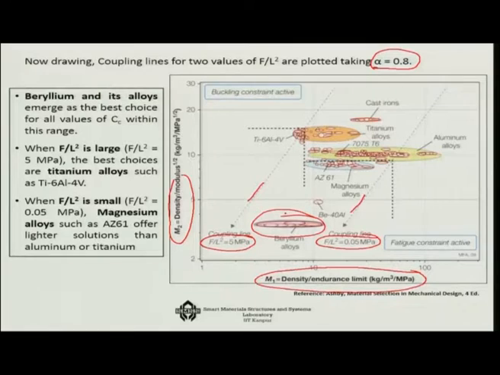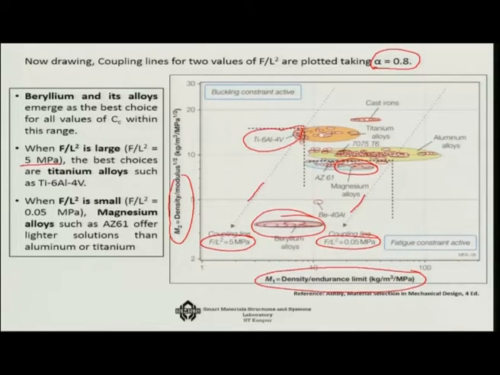But when F by L square is large, suppose something like 5 MPa, then the best choice is somewhere close to this line, that is the titanium alloy, Ti6Al4V, V is the vanadium. And when the pressure is low, you may also consider the magnesium alloys here. Of course, you have to keep in mind that if you choose the magnesium alloy, you will satisfy M1 more and M2 less.